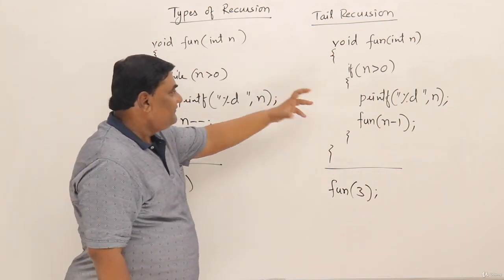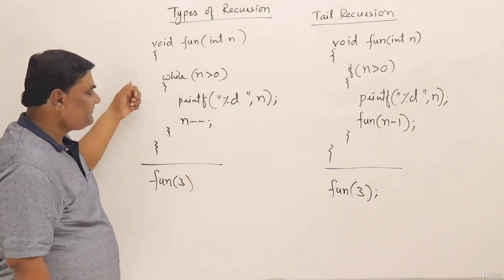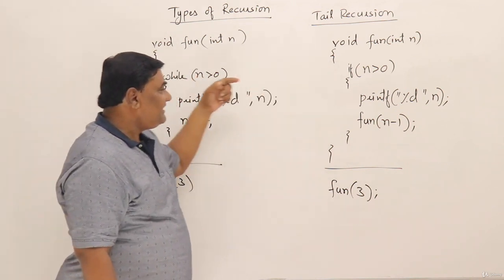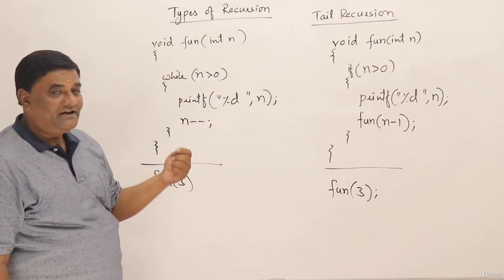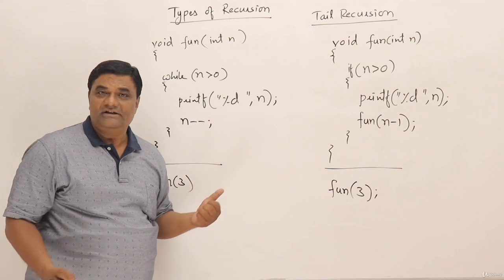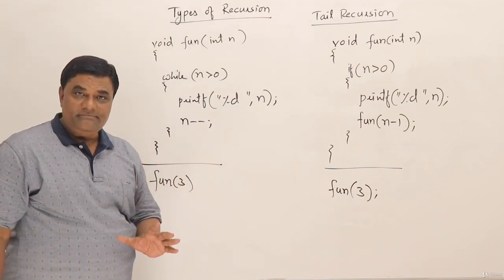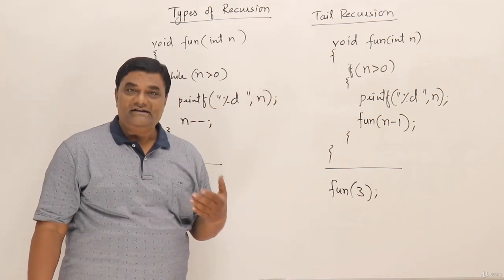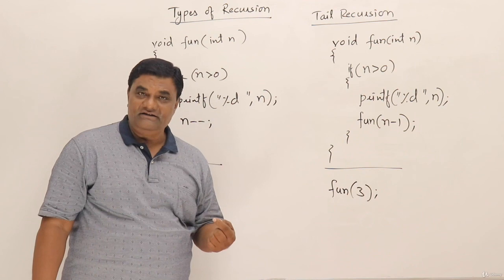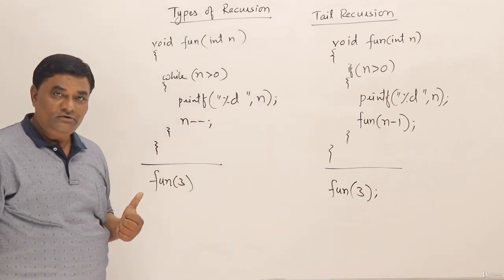As it is, I have converted it: instead of a conditional statement, I made it a loop, and instead of a function call with a decreased value of n, I have just written n minus minus. So the function is the same as that one. The output is the same, and the structure also looks more similar. The point I have to make here is that tail recursions can be easily converted into the form of a loop.